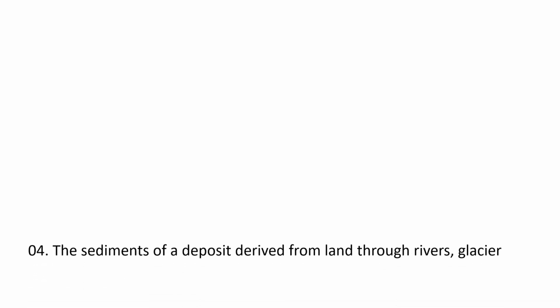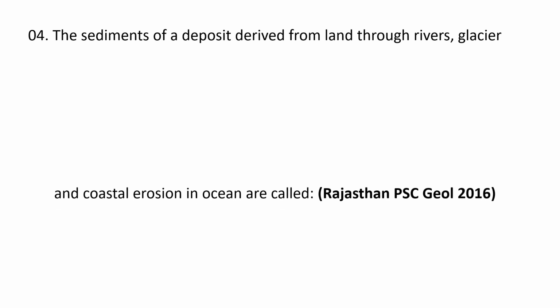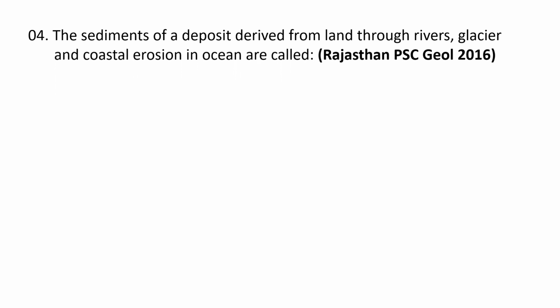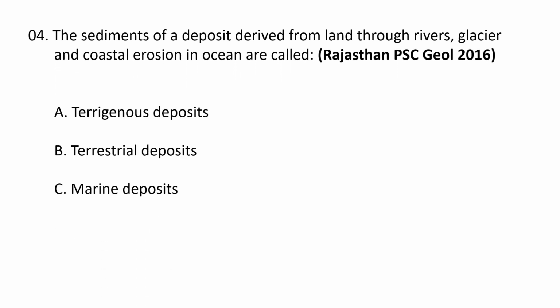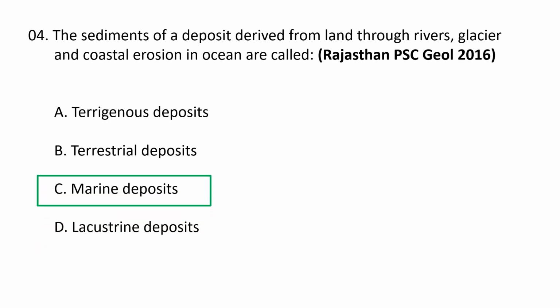Next question. The sediments of a deposit derived from land through rivers, glacier and coastal erosion in ocean are called A. Terrigenous deposits, B. Terrestrial deposits, C. Marine deposit and D. Lacustrine deposit. So the correct option is marine deposits.